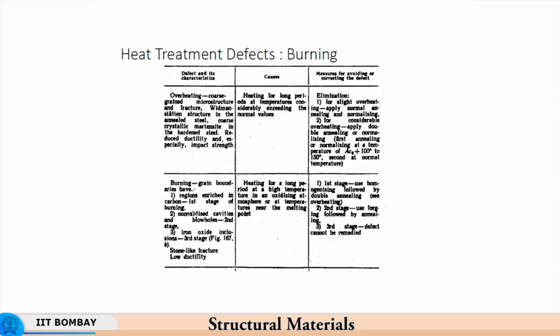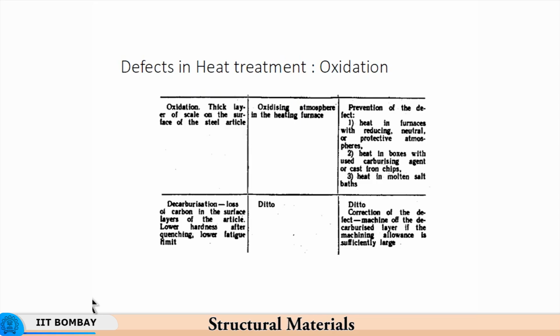So basically what it means is, if the grain boundaries have got attacked by oxygen creating iron oxide, then you cannot correct it by any means other than remelting it. But if it is non-oxidized, then it is possible to handle the situation by heat treatments and so on.